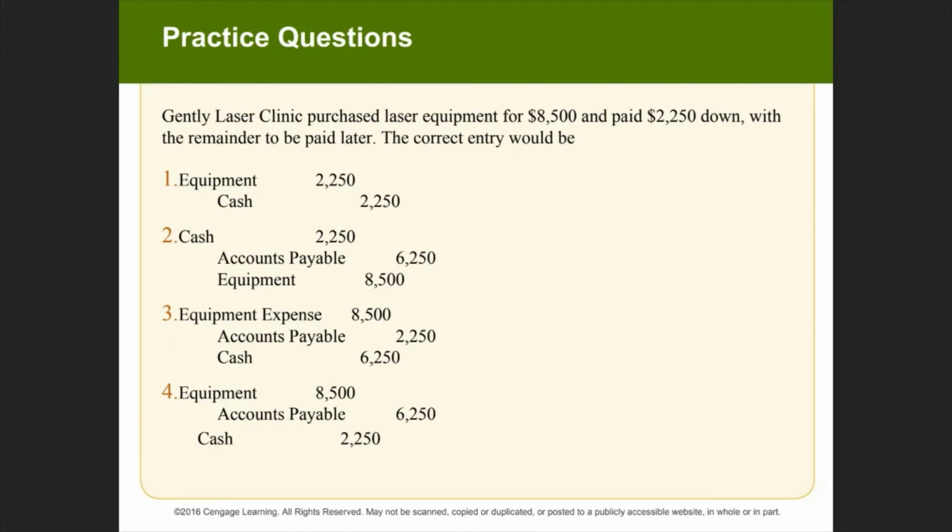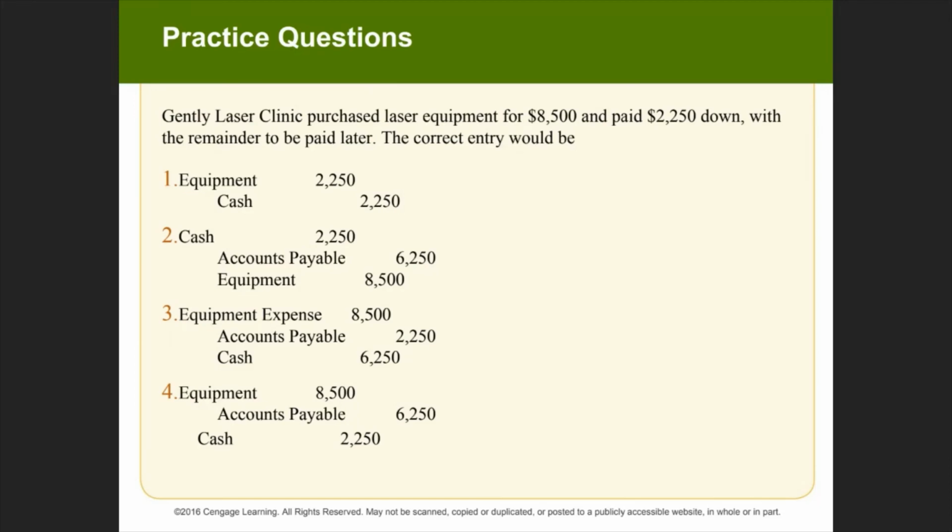How many lines are we gonna have? We need to record 3 separate transactions because we're hitting 3 different accounts. We purchased laser equipment, so we're gonna touch an equipment account.